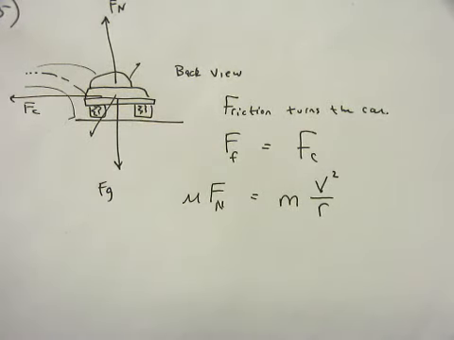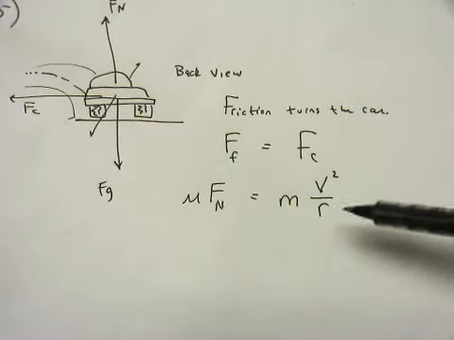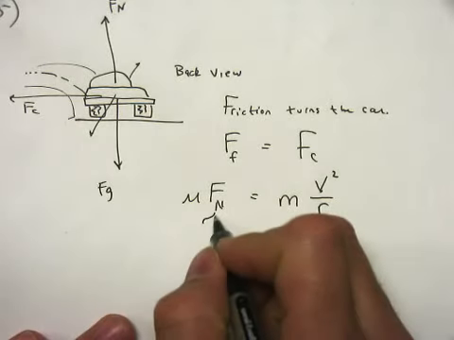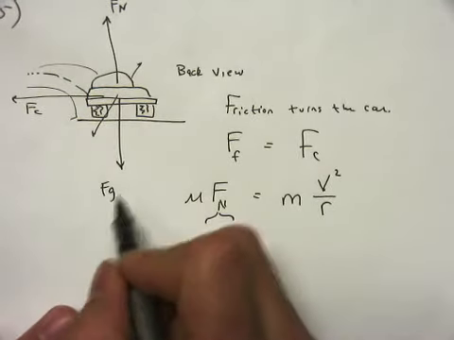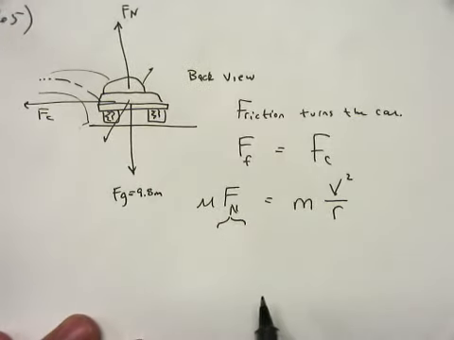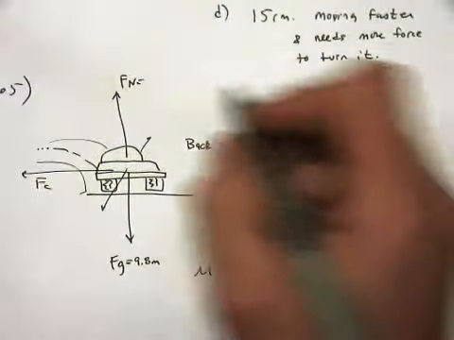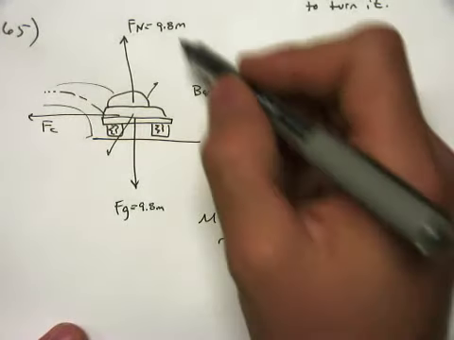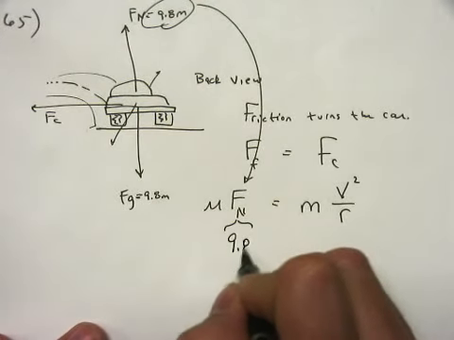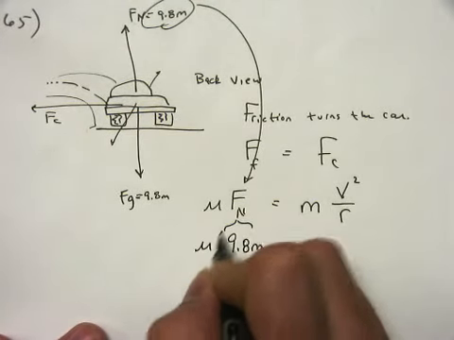Now this might freak you out because it doesn't give you a mass for the car, and you're like, I don't get it because it doesn't give me a mass. But that's okay, because remember, the force of gravity is always 9.8 times the mass m, and that's always what the normal is, 9.8 m. So let's stick that in there: 9.8 m, and the coefficient.